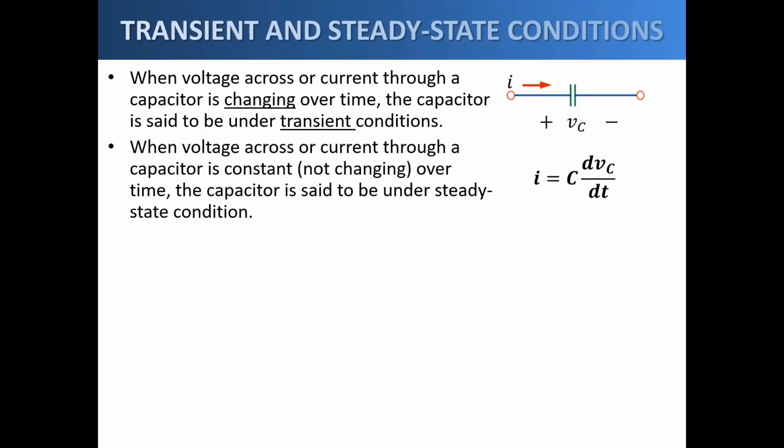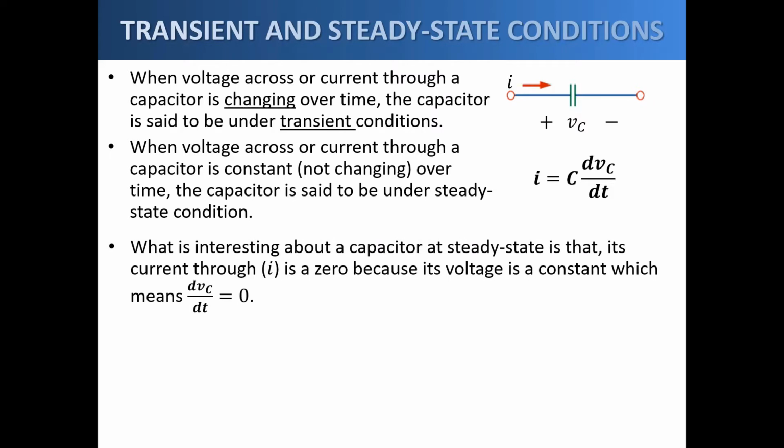A capacitor can either be in a transient state or in a steady state. A capacitor that is in a transient state means that the voltage across it and the current through it are changing over time, while for a capacitor that is in steady state, the voltage and currents are all constants, or could be zero. What is interesting about a capacitor in steady state is that its current is zero because the voltage is constant.